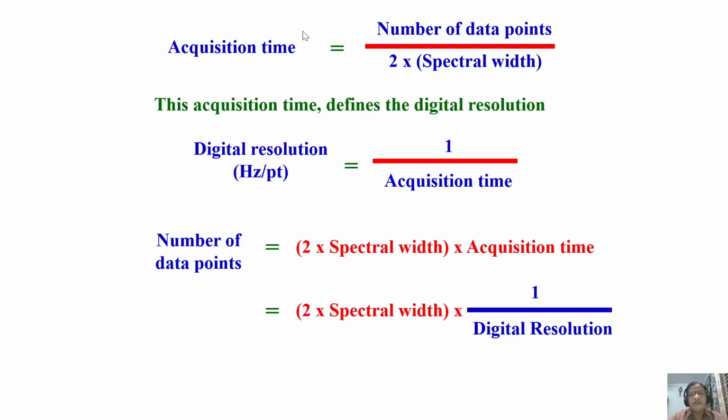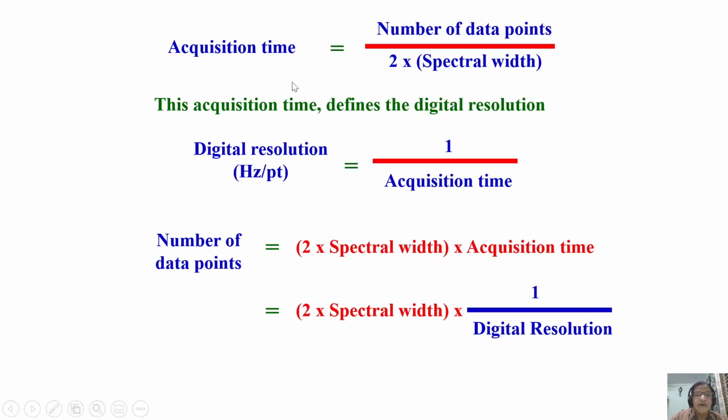You send a radio frequency pulse, start collecting the signal. How long do you acquire the signal? That's what I said, you have to optimize it. How do you optimize it? That depends upon the number of data points divided by twice the spectral width. It's a very important parameter.